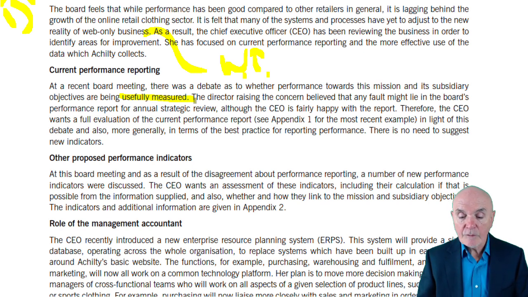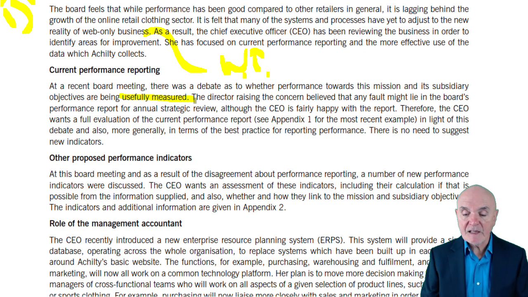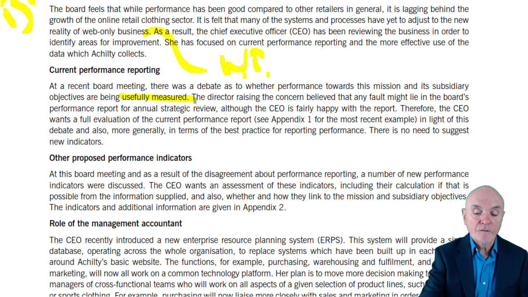A director raises the concern and believes that any fault might lie in the board's performance report for the annual strategic review, although the CEO is thoroughly happy with that report. Therefore, the CEO wants a full evaluation of the current performance report.